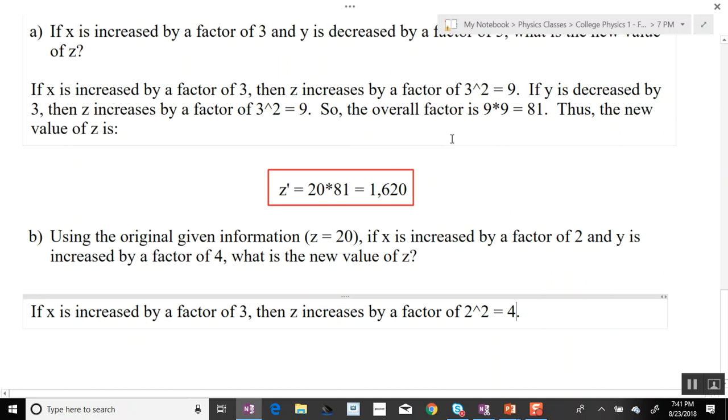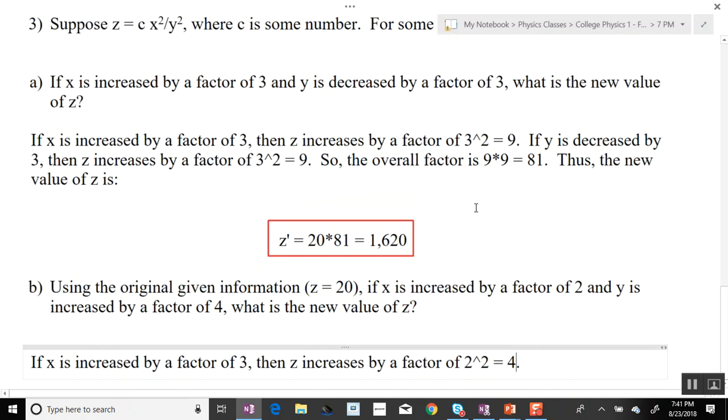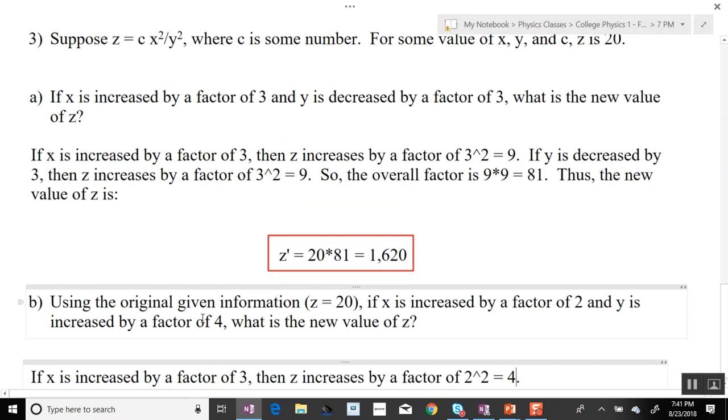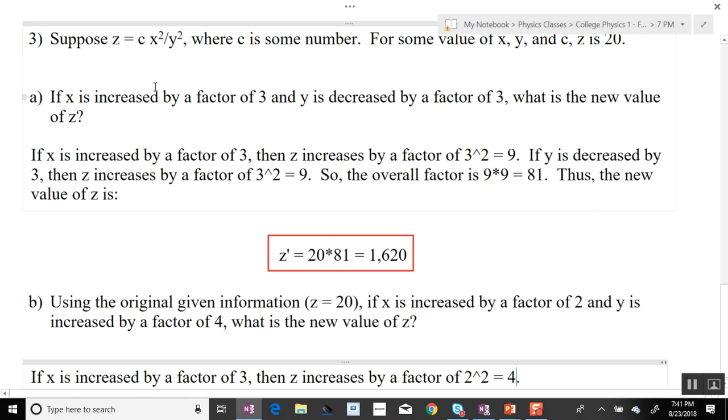Now, what does y do to z? Here's the equation. We're increasing y as well. Both of them increase. But if we increase y, what happens to z? Does it go up or down? It decreases, but it doesn't decrease by 4.